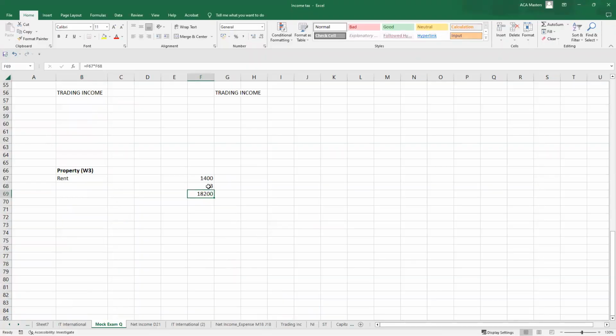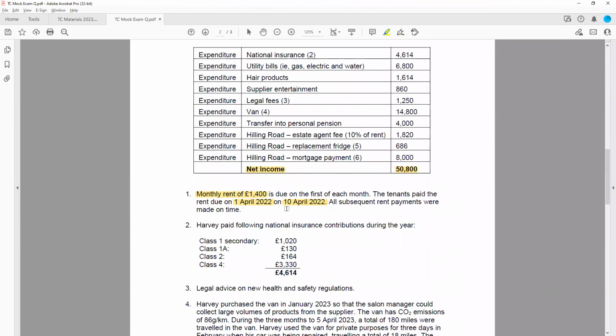So that's what they received in the current year, because this was due at the end of the previous tax year. They received this on the 10th of April, and then would have received all of the other rent on the 1st of each month. So from May 22 to April 23, inclusive, that's your 12 months there, plus this one is the 13 months. And we're taxing this on a cash basis.